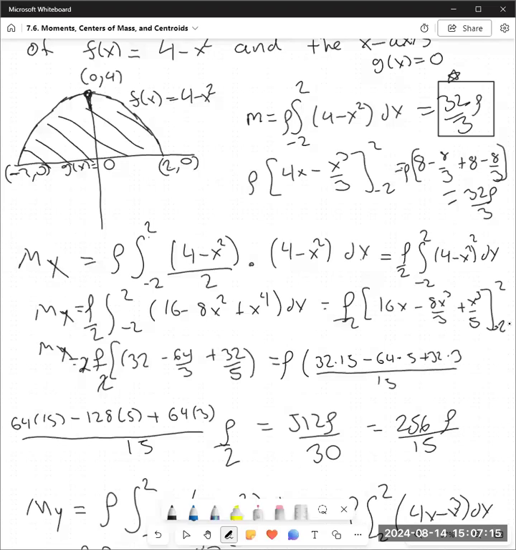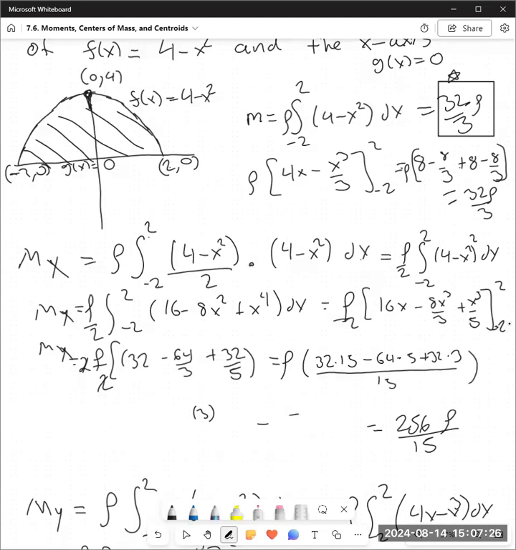And that all becomes 256 rho over 15. I'm just going to cut out some steps here. If you use your calculator, you'll be able to simplify that.